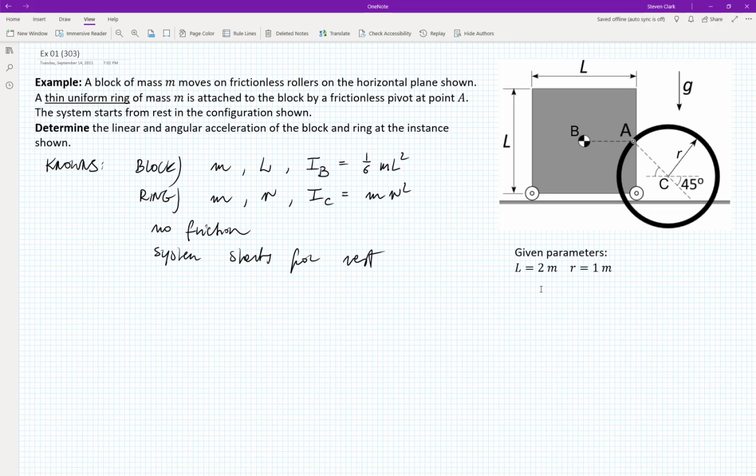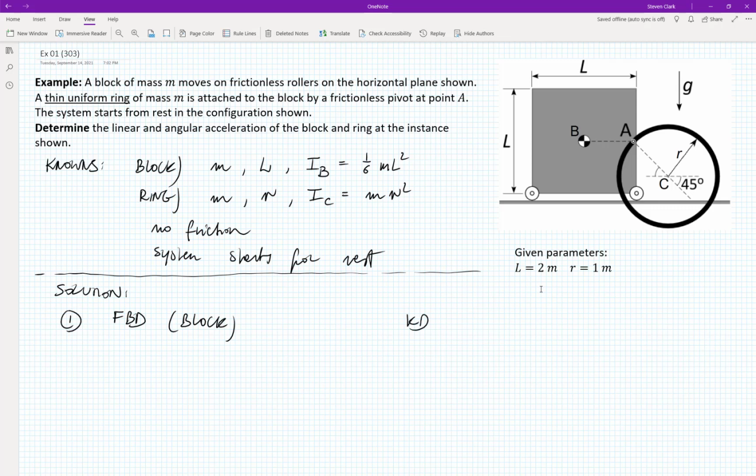Let's just start our solution. So I will start with the FBD for one of these bodies. Let's say the block. And KD. So I have to draw a square in here.